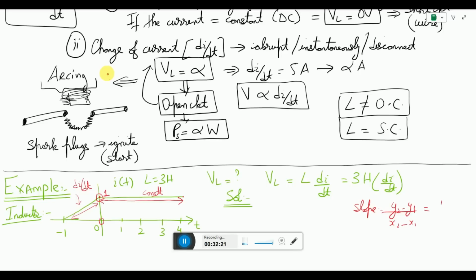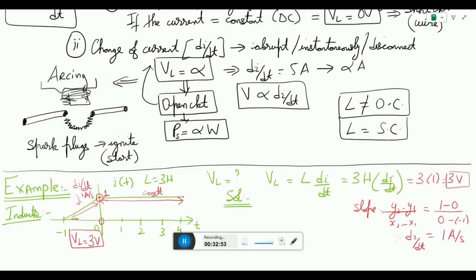So if you put the values, 1 minus 0 divided by 0 minus -1, it comes out to be 1 ampere per second. This is the change of current that we got for the slope. If we put the value over here, it comes out to be 3 multiplied by 1, so this is 3 volts. So for the voltage at the slope, we have the value of 3 volts.